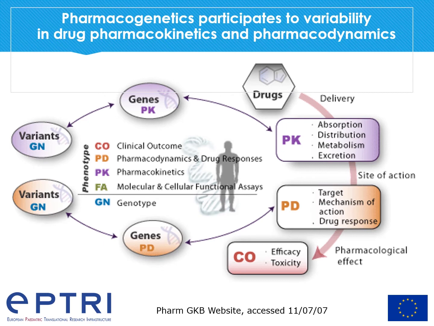Genetic variants affecting the pharmacodynamics will have an impact on the target, the mechanism of action, or drug response. And therefore, the link between the drug and the clinical outcome in terms of efficacy and toxicity will be affected by these genetic variants.